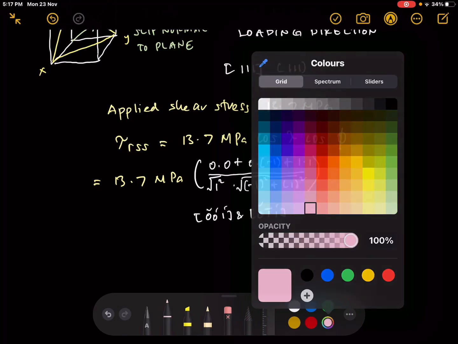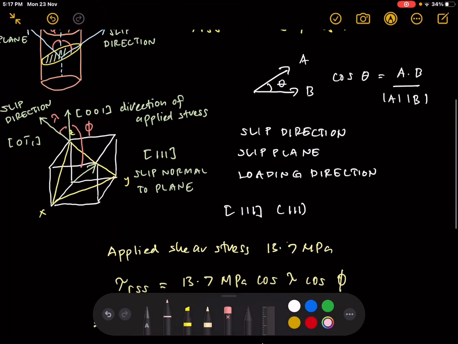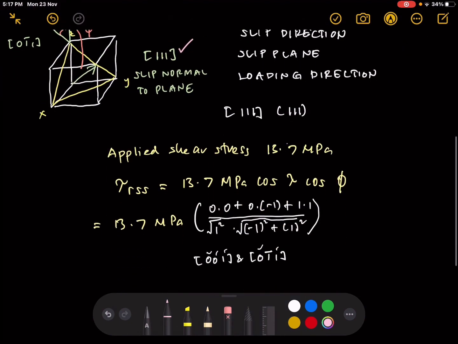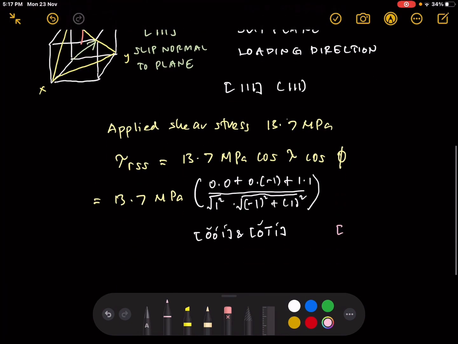Now we need to find the dot product between [111] and [001] direction.